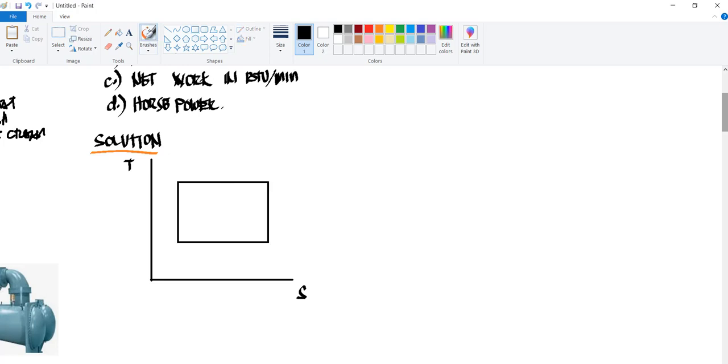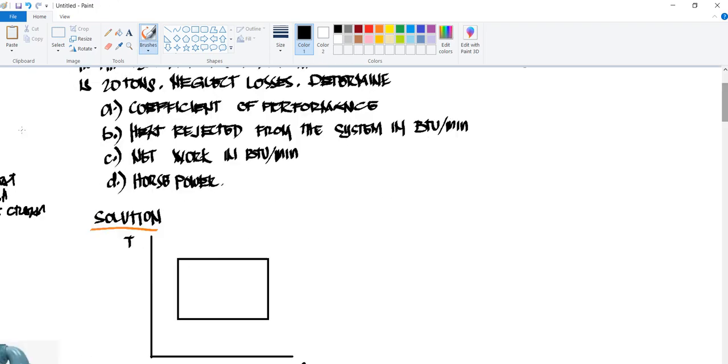Now we have the given temperatures in the problem. Take note of this one: in every thermodynamic problem, temperature and pressure must be in the form of an absolute value.